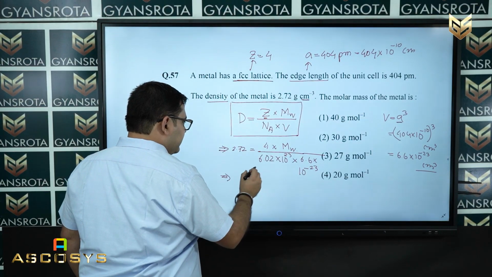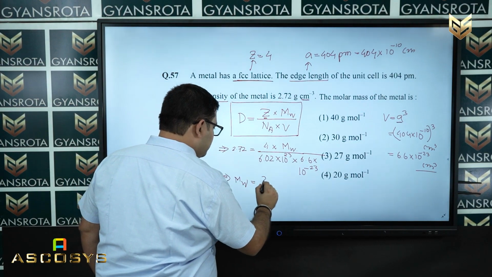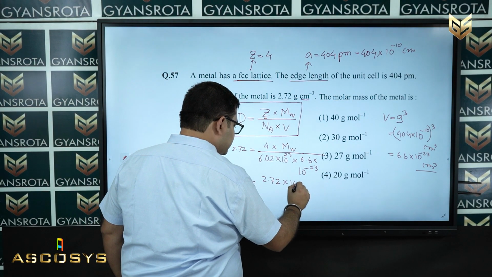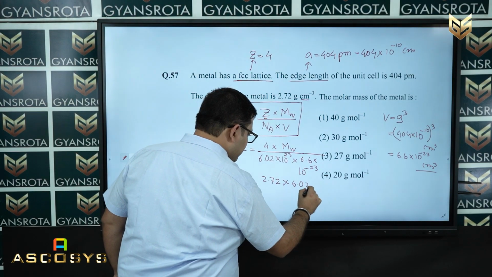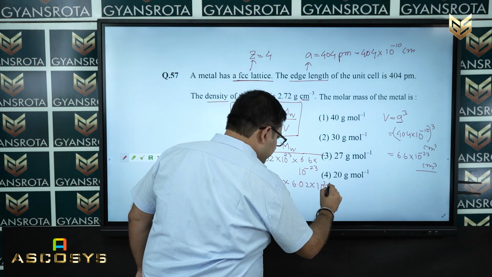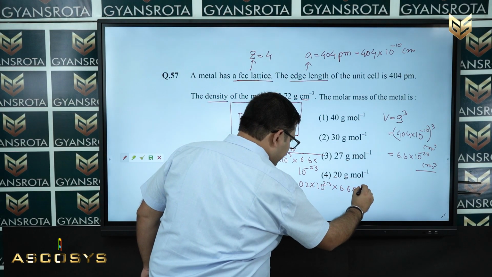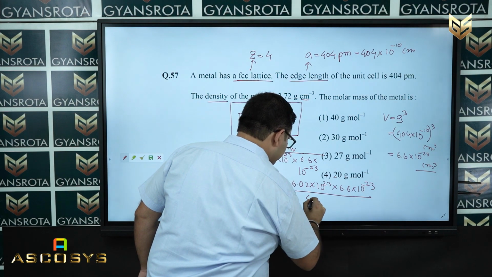Now Mw is 2.72 into 6.02 into 10 to the power 23 into 6.6 into 10 to the power minus 23 divided by 4.